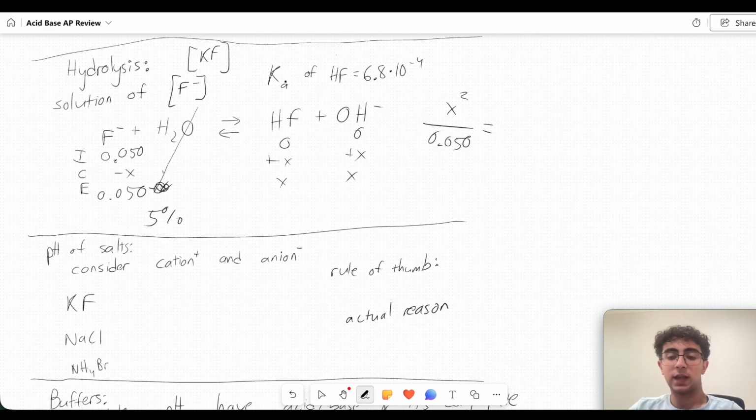This equals, now it's not equal to Ka, because Ka is our acid equilibrium. This is now behaving as a base, so we have to use this relationship: Ka times Kb equals Kw. So what we want now is Kb, because it's behaving as a base. So Kb is going to be equal to Kw over Ka. I get that just by dividing by Ka on both sides.